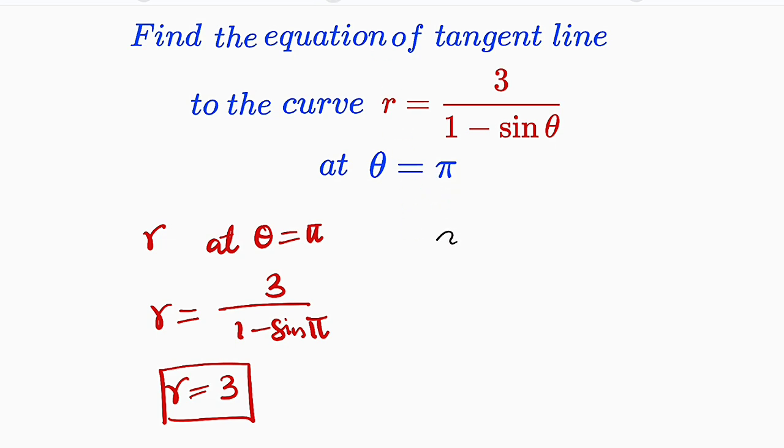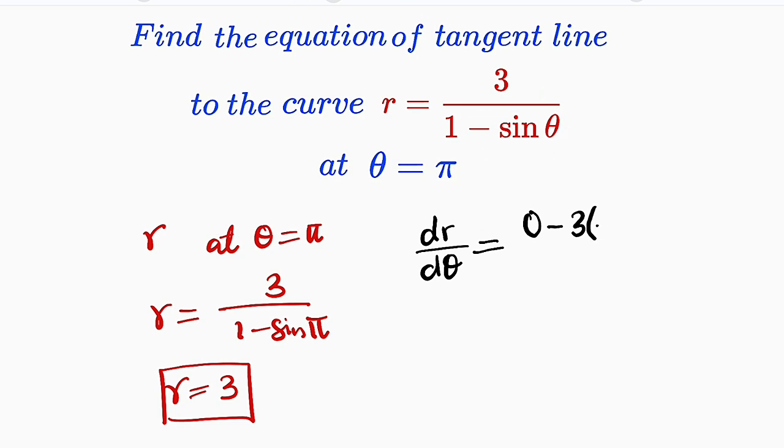Wow. Now I would like to differentiate it. If we take dr over d theta, it is equal to bottom times the derivative of the top. The bottom is 1 minus sine theta, multiplied by the derivative of a constant, which is 0, so everything will be 0, minus the top, which is 3, times the derivative of the bottom. The bottom is 1 minus sine theta; the derivative of 1 is 0, and the derivative of negative sine theta is negative cos theta.